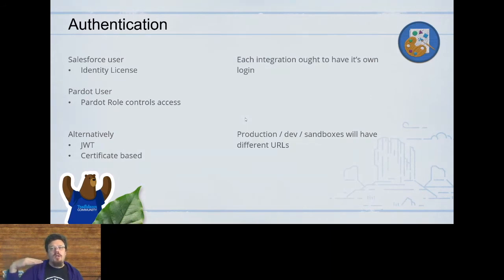So we tend to use marketing or admin level for the API user. Sometimes we'll create a custom role to very precisely control what that Pardot API user can use. So that's kind of the normal path.